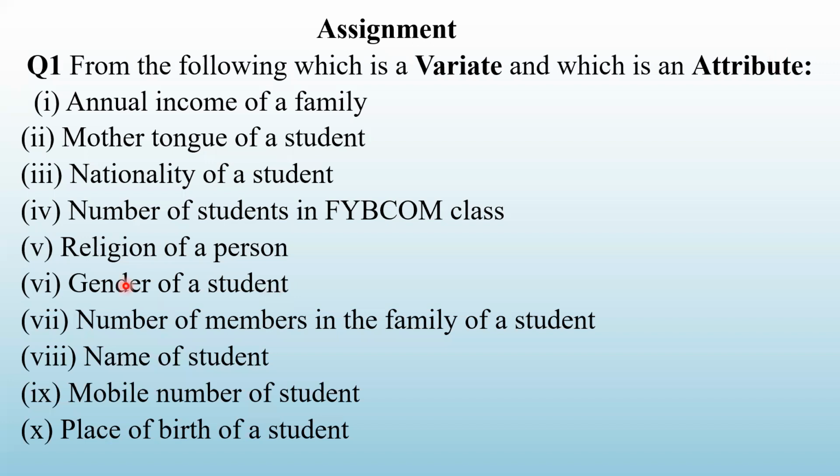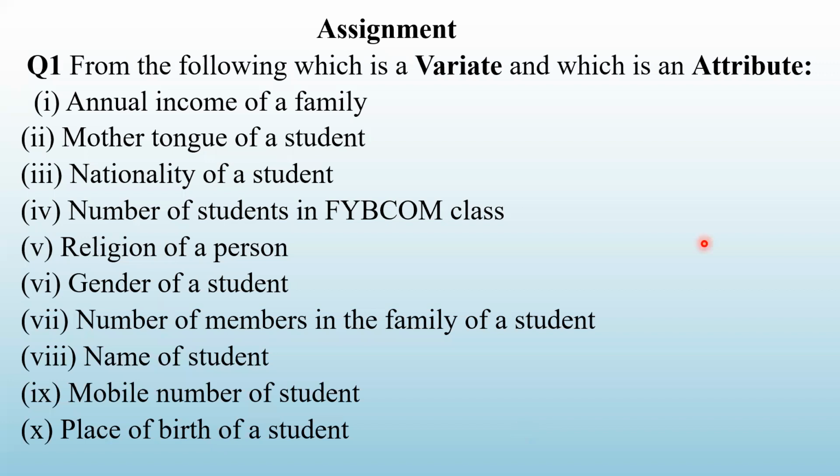So this is again an attribute. Then number of members in the family that we have already seen, it is a variate. Name of student, it is an attribute, correct? Mobile number, it is a variate. Place of birth, that will be an attribute, correct? Mumbai or Kanpur or whatever.